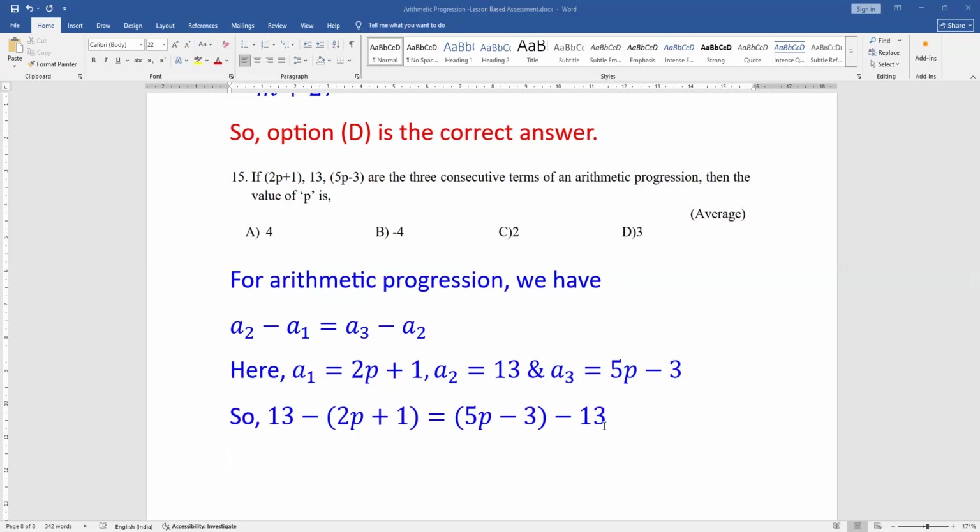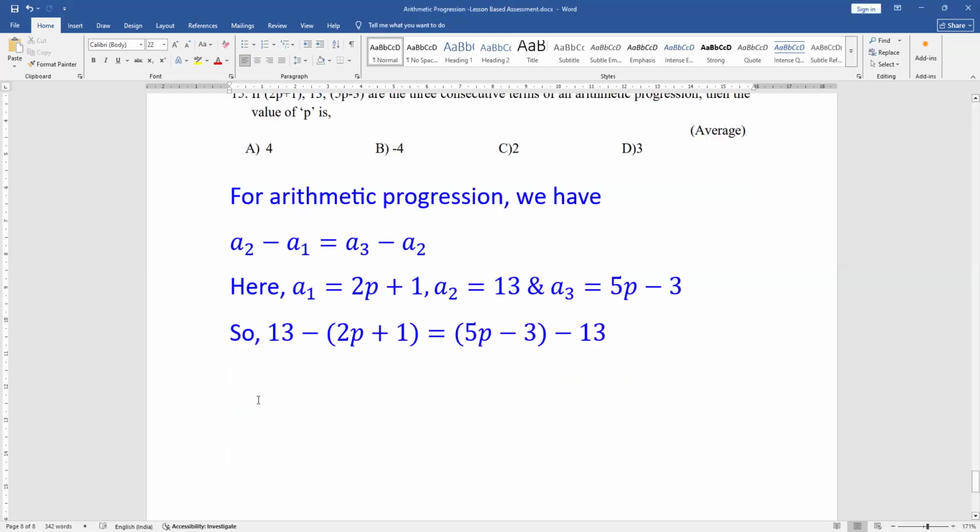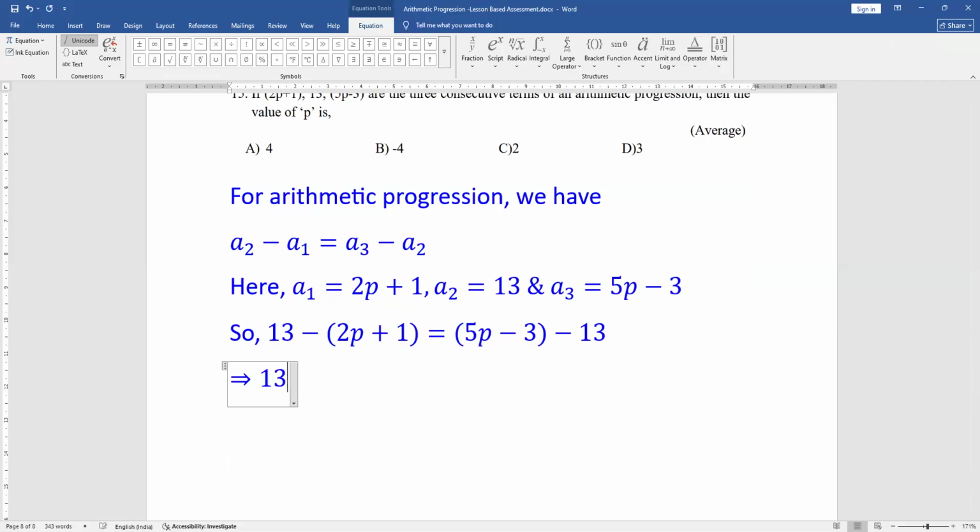In my next step, I write the numbers. So 13, open the bracket, minus 2p, then minus 1, equals 5p minus 3 minus 13.